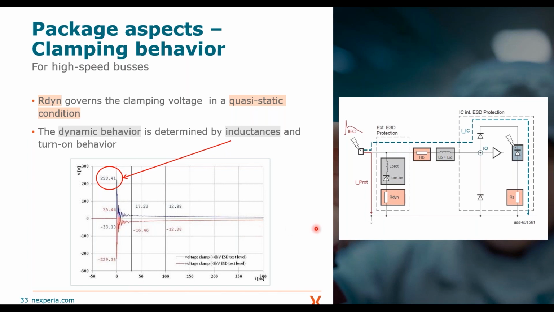And when you think what is impacting this high peak at the beginning, it will be the parasitic inductance of your ESD protection device. In order to lower this peak, you need an ESD protection with the lowest parasitics, and this will also turn into the question, what is the best package to choose for my ESD protection.